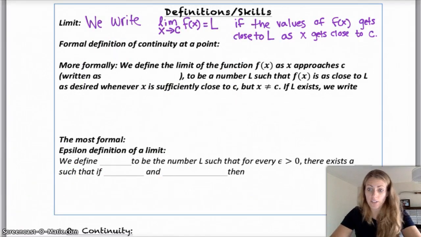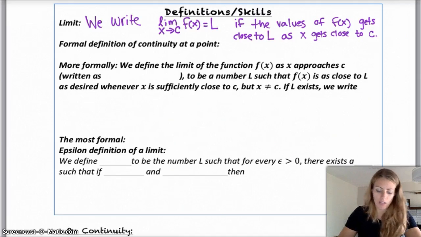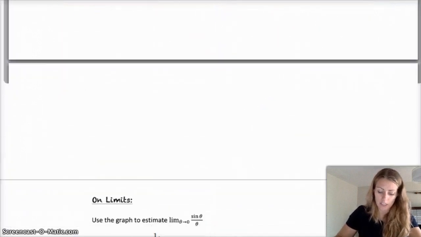From the last video, we talked about continuity, and that basically a function is continuous if you can draw it without having to lift up your pen. But specifically, continuity at a point, for the formal definition, you need to know what a limit is.